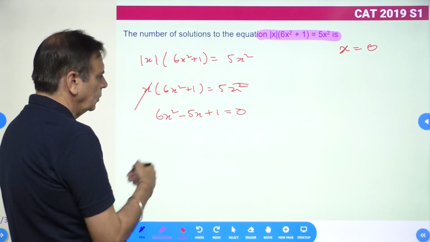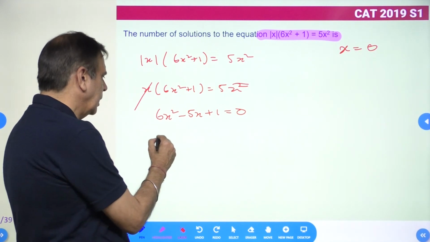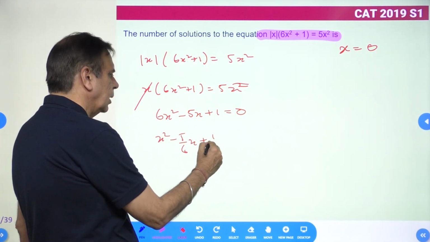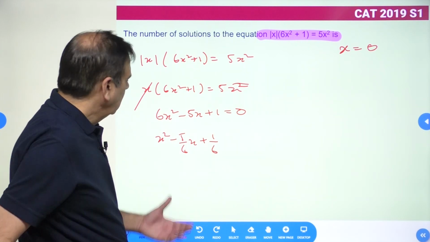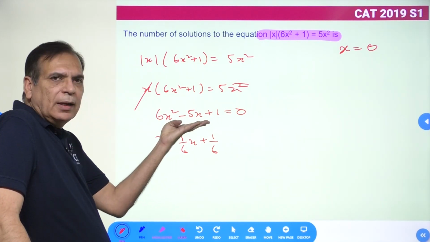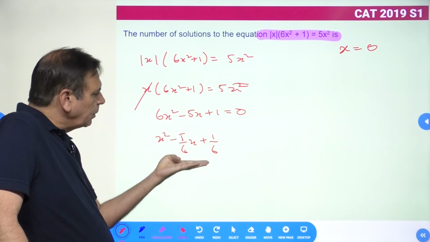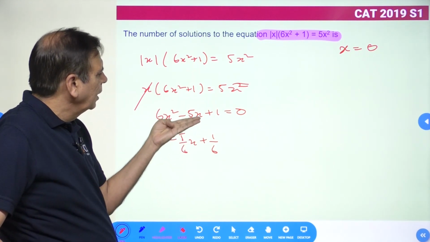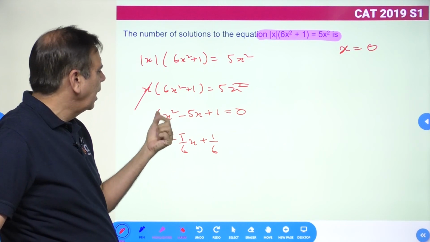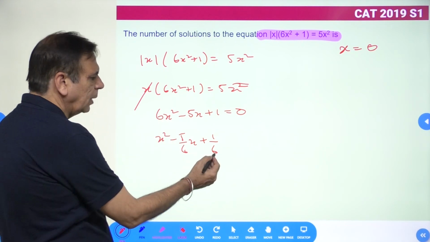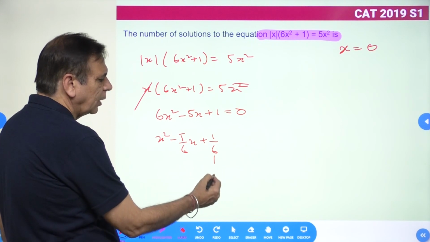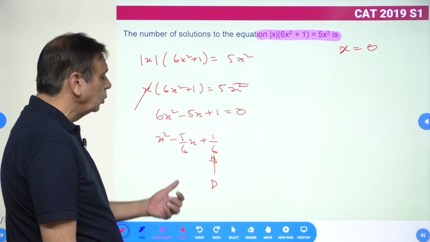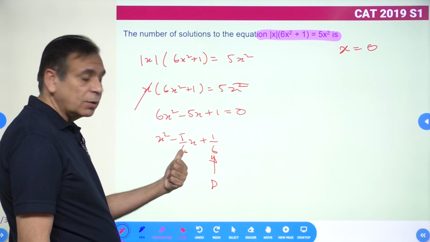This is my equation. So what do we get? I can say x square minus 5 by 6 x plus 1 by 6. Now, some of you may want to start यहाँ से कि discriminant निकालें, but my say should be to look at it in a slightly different way. Forget about 6 for a minute. Can I not say this is 3 and 2? After all, this is 1 by 3 plus 1 by 3 into minus 1 by 2. This is nothing but the product. Product can be 1 by 3 and 1 by 2. And why positive, negative, negative?